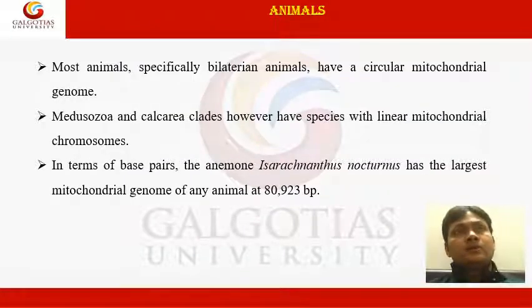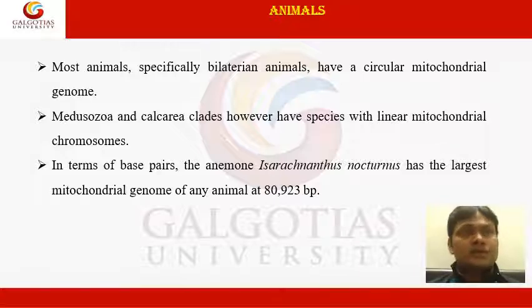Now we will talk about the mitochondrial DNA in the different animals, plants, fungi, and the protists. So we will talk first about the mitochondrial DNA in the animals. The animals, specifically bilaterian animals, have circular mitochondrial genomes. The Medusozoa and Calcarea clades, however, have species which have linear mitochondrial DNA instead of circular mitochondrial genomes.